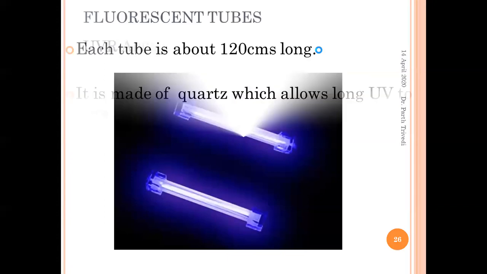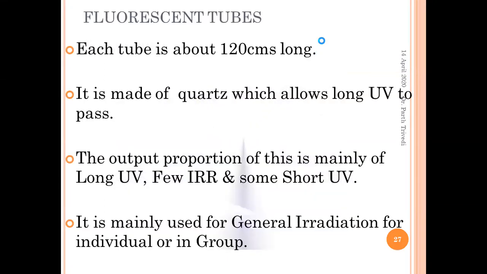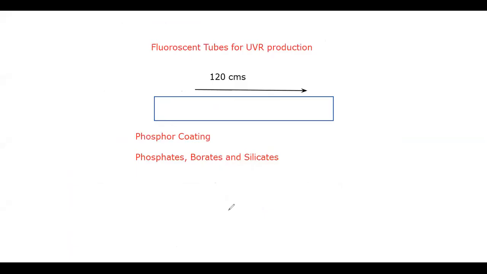Clear? So in this we have a low pressure arc, which is created for the process of ionization. Clear?